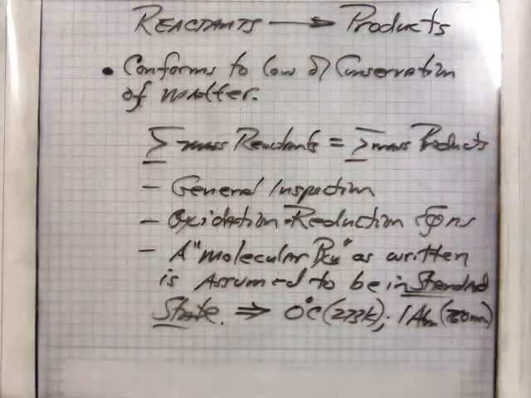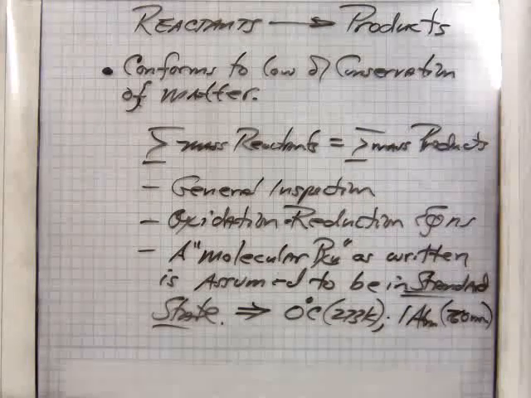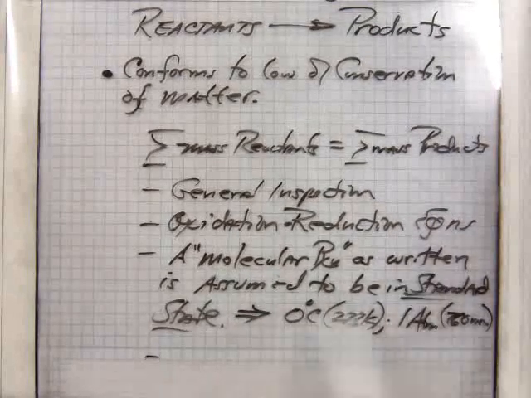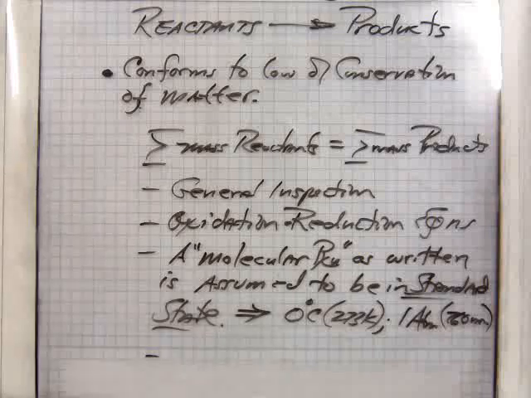When a molecular reaction is written, its components are written in basic standard state and balanced from the basic standard state. And what that means is a little different than assuming standard state 0 degrees and 273 and basic standard state of compounds and elements.